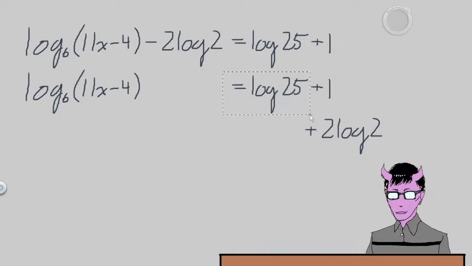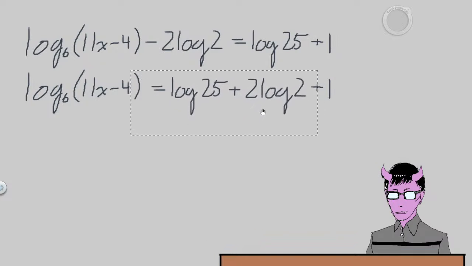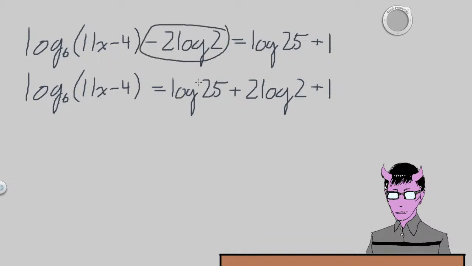Let me make room. Let me put it close to log base 10 of 25, like this. That way it's a lot easier to make note of what's going to happen between those two. So again, we're transitioning from first line to second line, and all we did was add positive 2 times log of 2 to both sides. So this one ends up being on that side, right there.